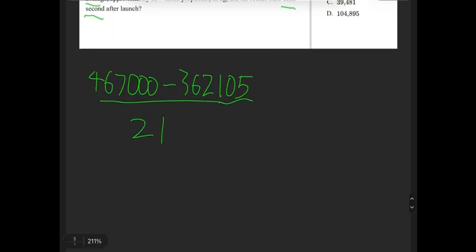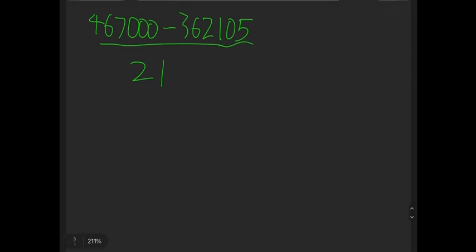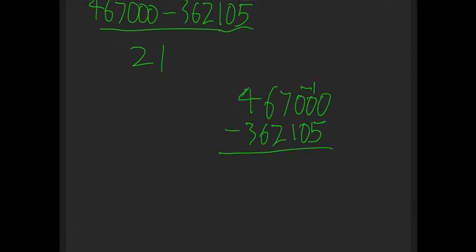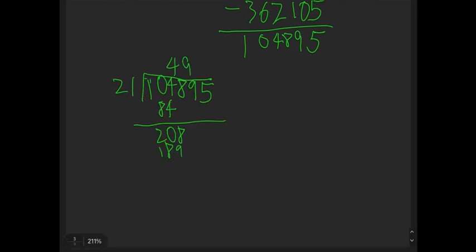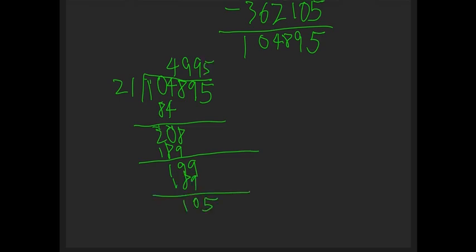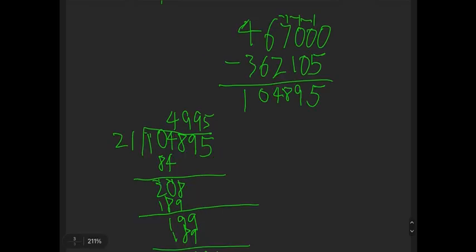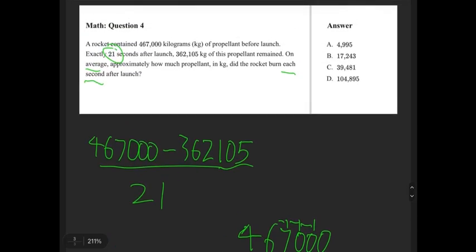Now, obviously, on the real test, you would use a calculator for this, but since I'm not going to use a calculator in this video, I would just do it by hand. As a result, we get 4,995, which gives us A.